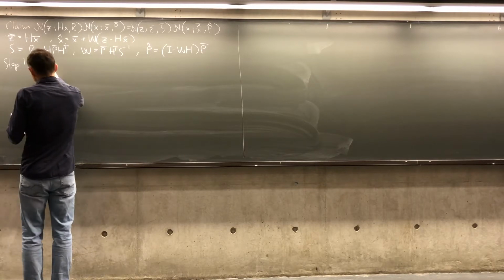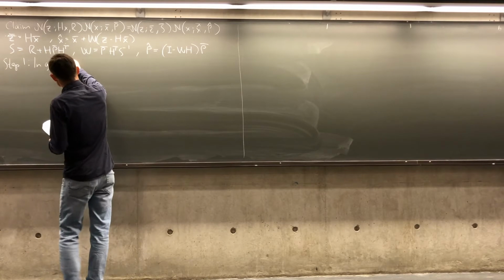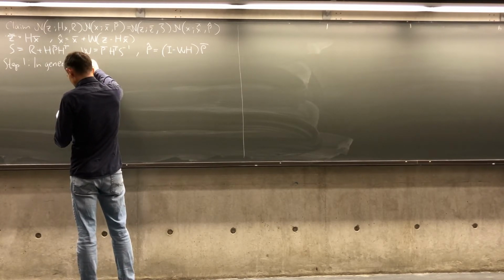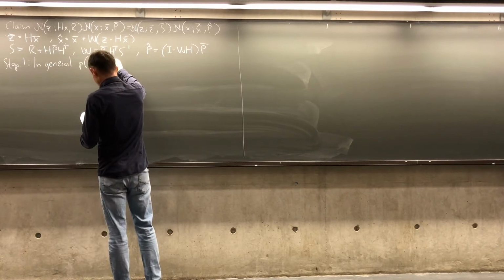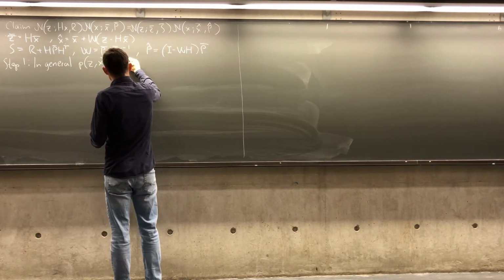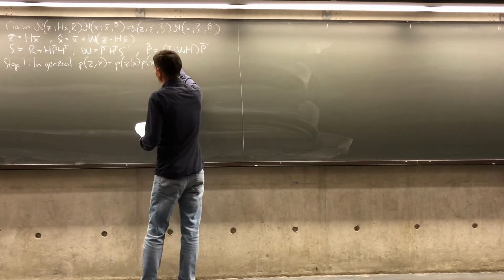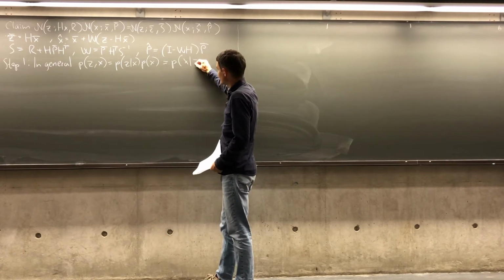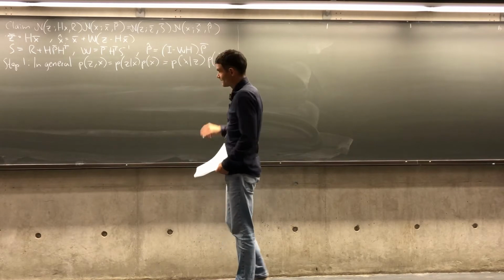An important point to understand is that, as a completely general result, you can factorize a PDF P of z and x in 2 ways. P of z given x times P of x, which is the same as P of x given z times P of z.